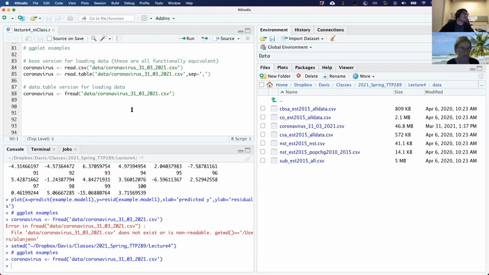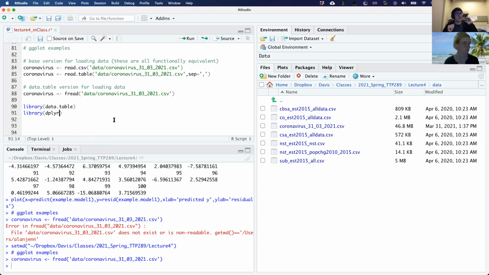And I don't actually recall if this is something that I've talked about before, but there are two competing big data packages.